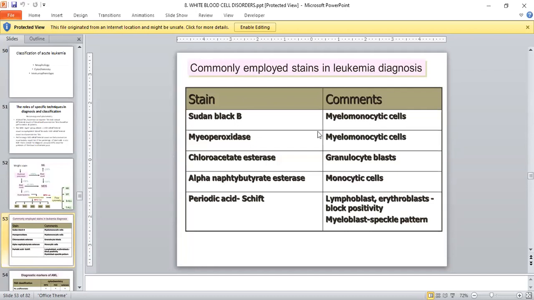So the Sudan Black is important for the identification of myelomonocytic cells, also the myeloperoxidase. Then granulocyte blasts use chloroacetate esterase, monocytic cells use alpha naphthyl butyrate esterase. Then the lymphoblasts and erythroblasts, you can just use periodic acid Schiff.